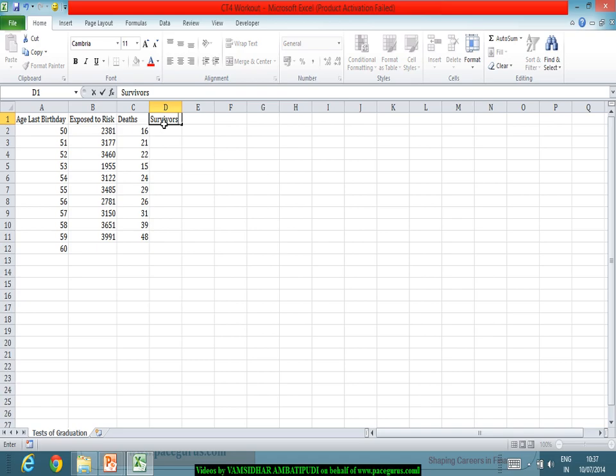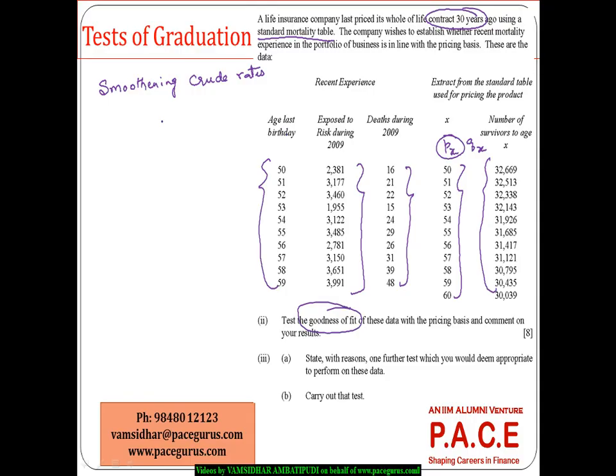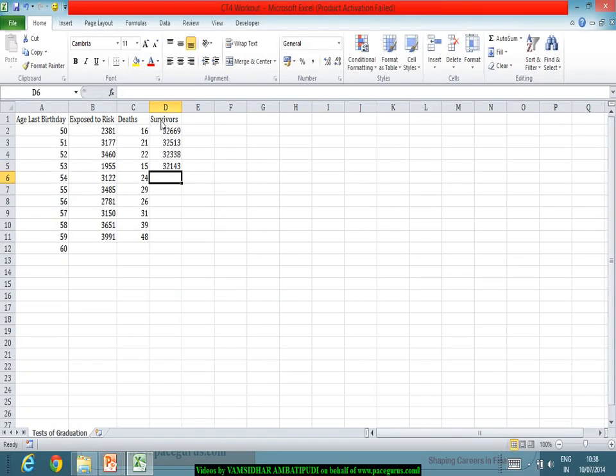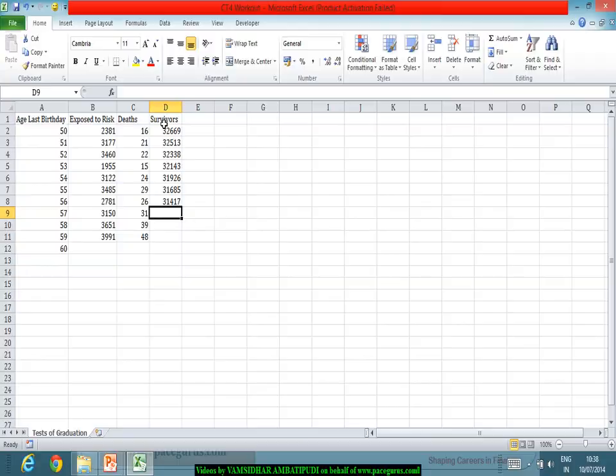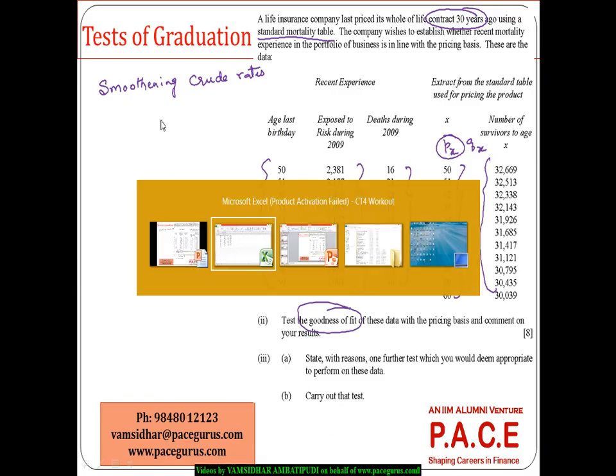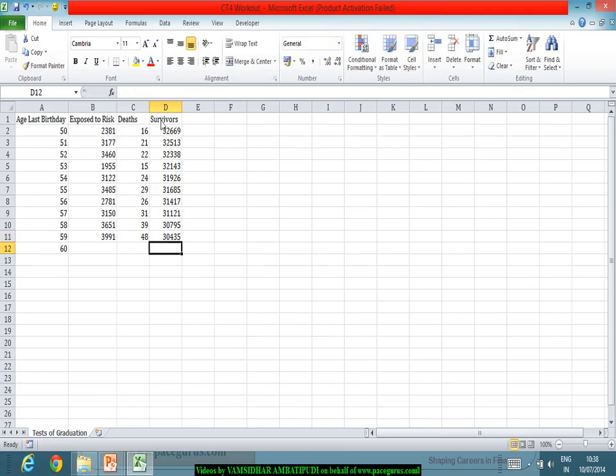I am looking at number of survivors up to 50 years: 32,669, 32,513, 32,338, 32,143, 31,926, 31,685, 31,417, 31,120, 30,795, 30,435, and 30,039.